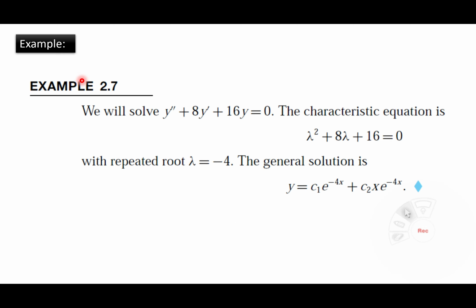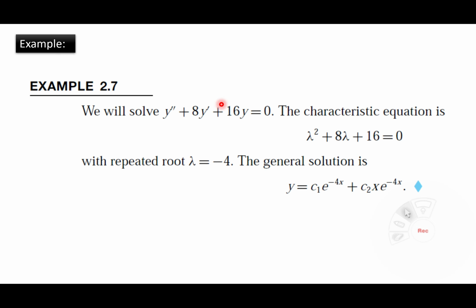Let's have an example that we're going to solve, and we're going to find that it's really easy to solve this equation. Okay, so our equation is y double prime plus 8y prime plus 16y equal to 0. The characteristic equation in this case is going to be, looking here, this is a, which is positive 8, and this is b, which is positive 16, right?